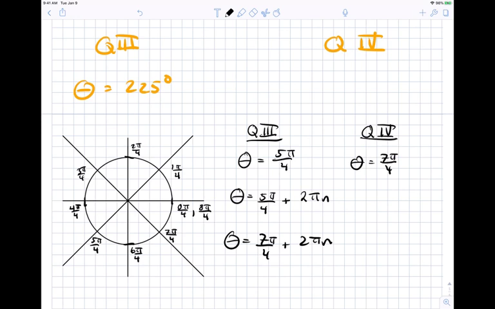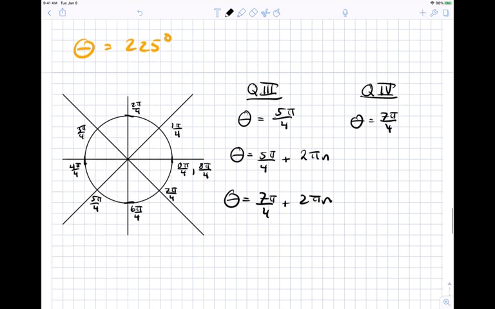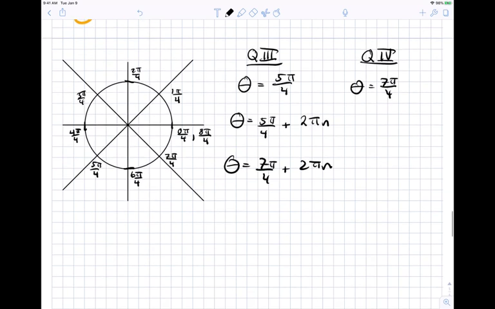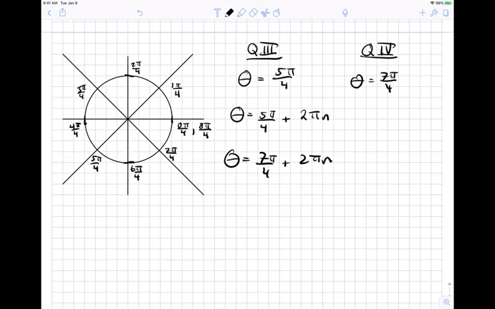So now let's go ahead and list out all the solutions from 0 to 360, right? So we're going to say theta should equal, when n is 0, what solutions do we get? So we have two solutions.